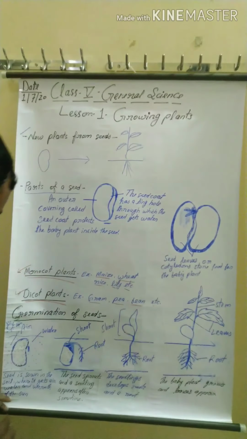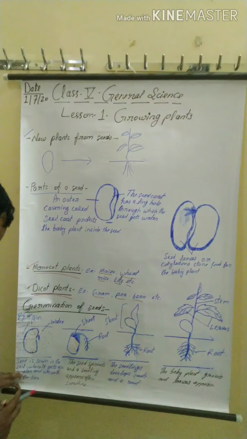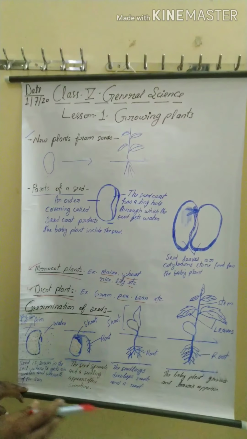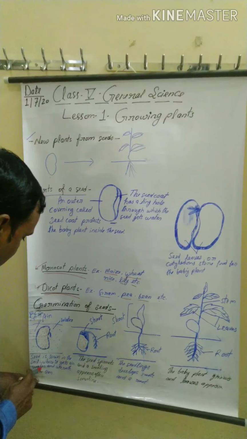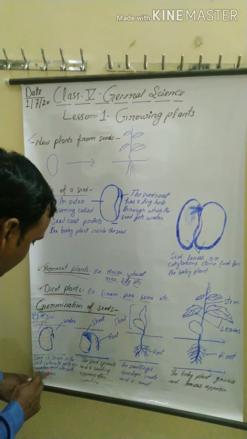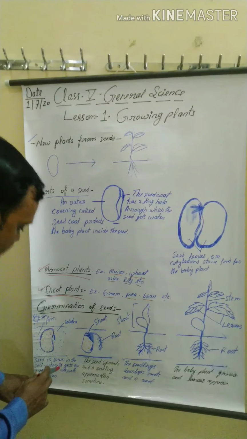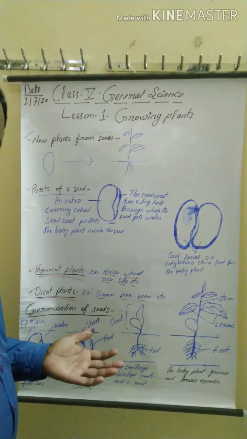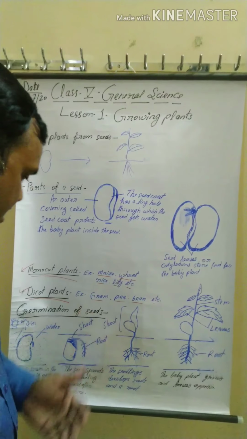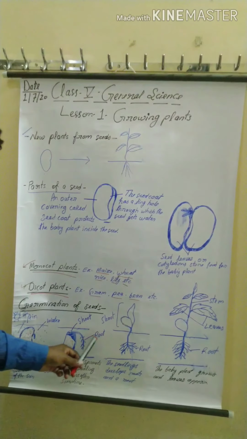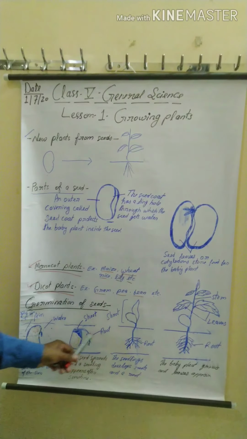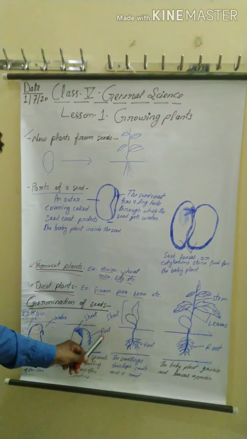Here see these seeds sown in the soil. When seeds are sown in the soil, they get air, water and warmth of the sun, and they start to increase in size. After a few days the first root develops, and this is the shoot part and this is the root part.